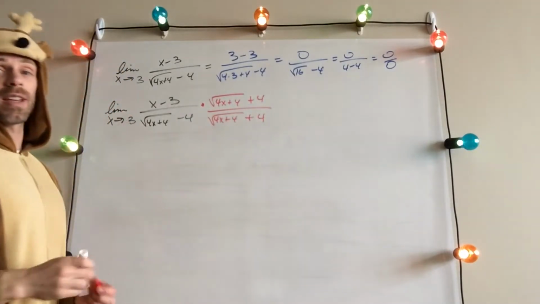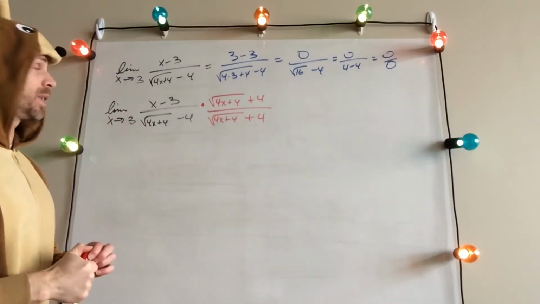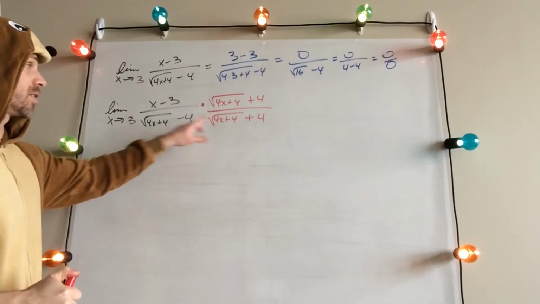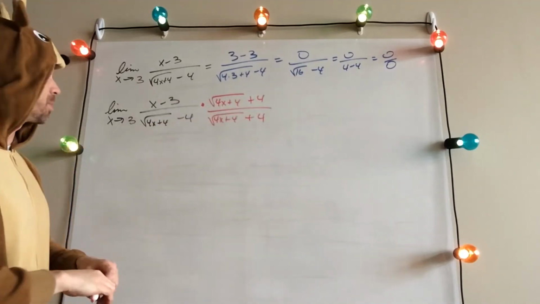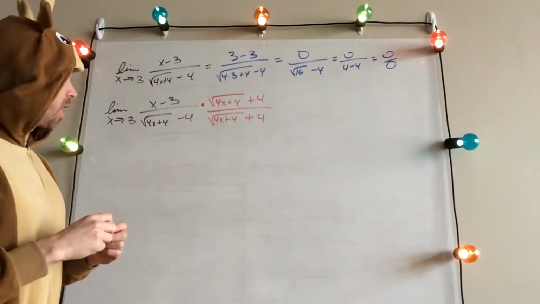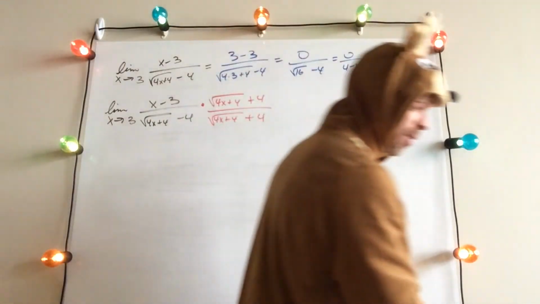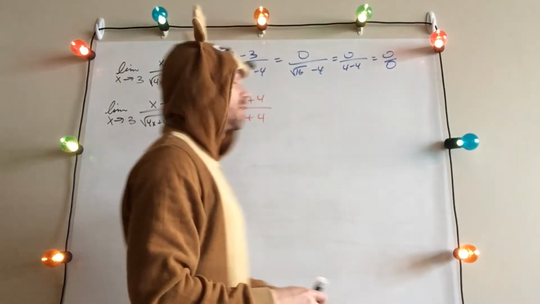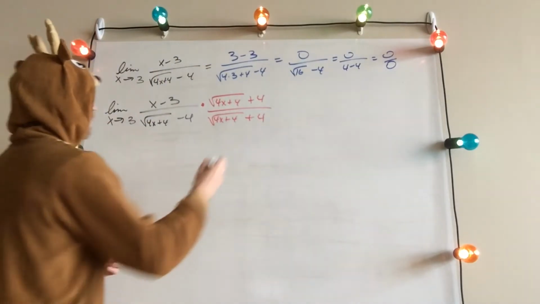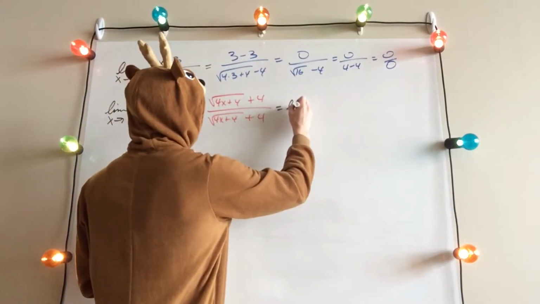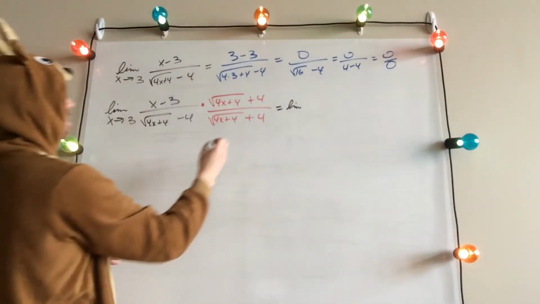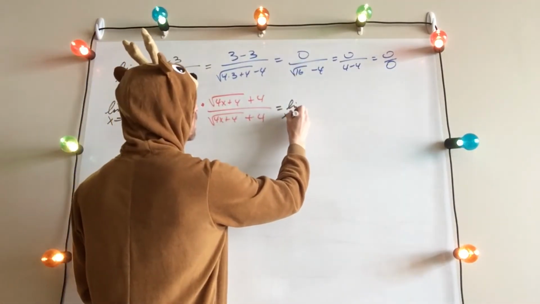All right, same thing, except we changed the symbol in between. All right, so it was originally minus, now we're using addition in between there. All right, so now it might look like a mess, but we have to FOIL. Limit as x goes to 3.